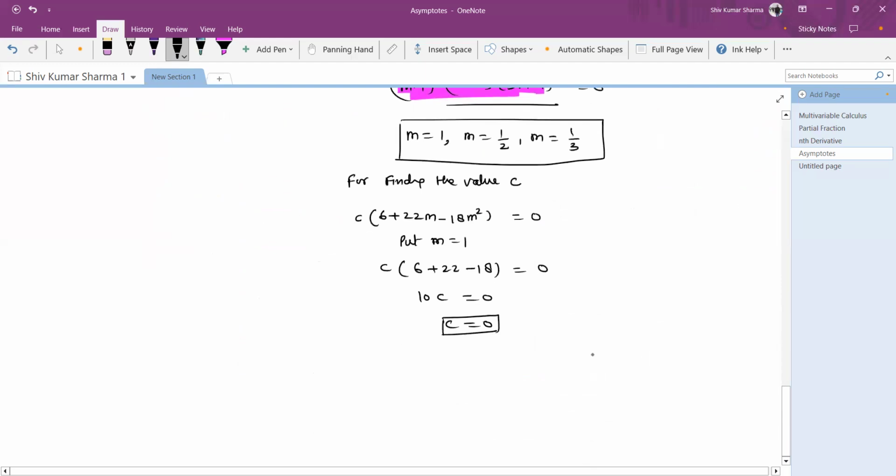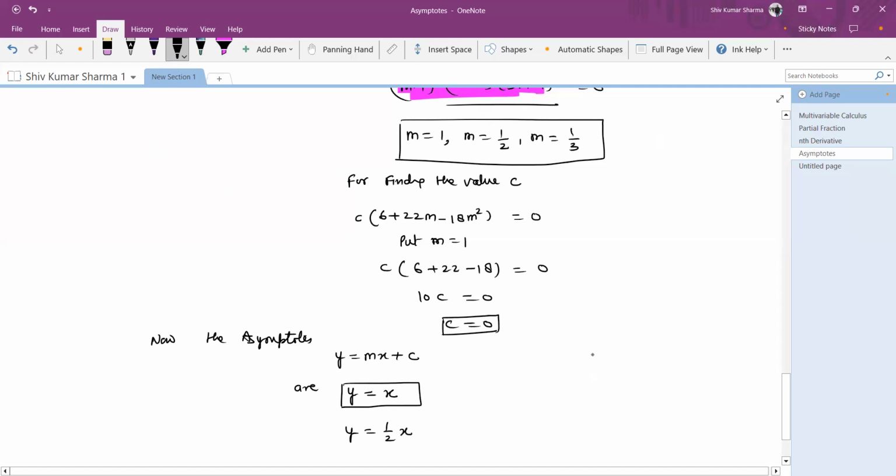Okay. So now the asymptotes: y is equal to mx plus c. When we put m equal to 1, this gives us y equal to x, c equal to 0. When we put m equal to 1 by 2, this gives us 1 by 2 into x.